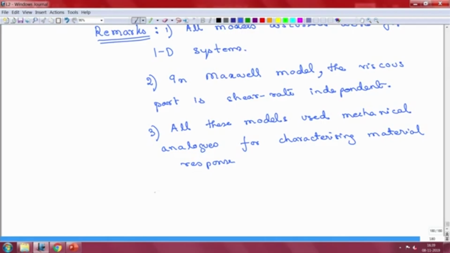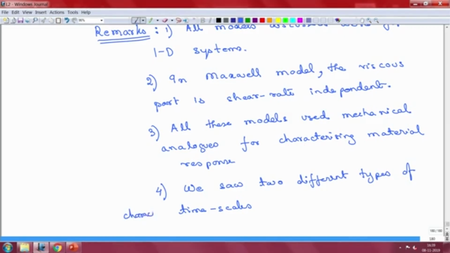So, we saw different types of characteristic time scales.